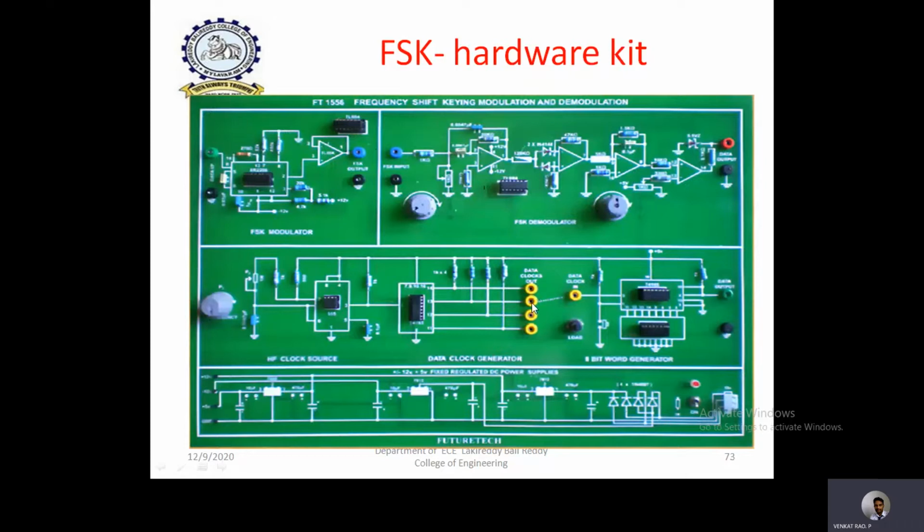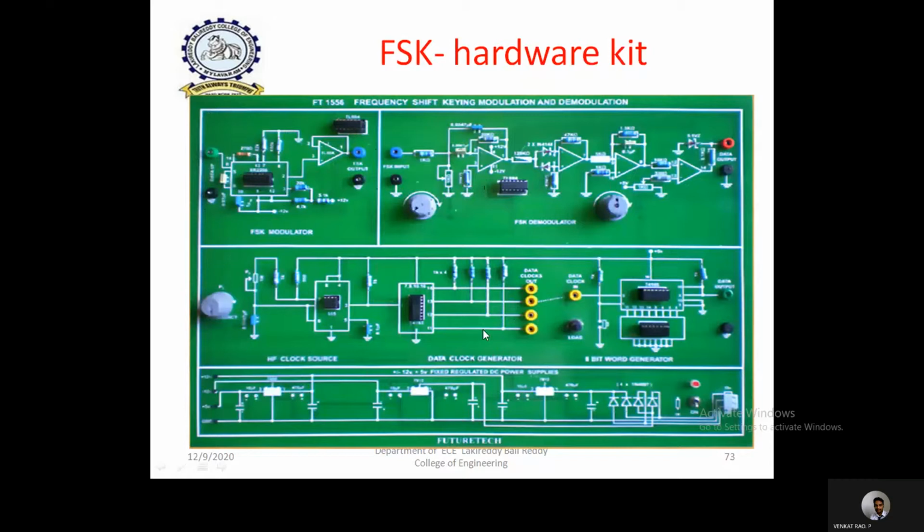If one of these pins gives different outputs from this block, you can take any one of these and connect here and observe the modulated output and then the demodulation and so on.